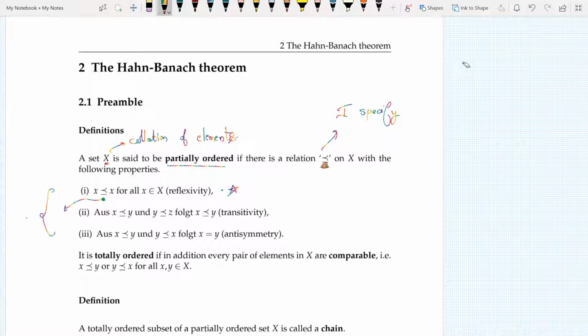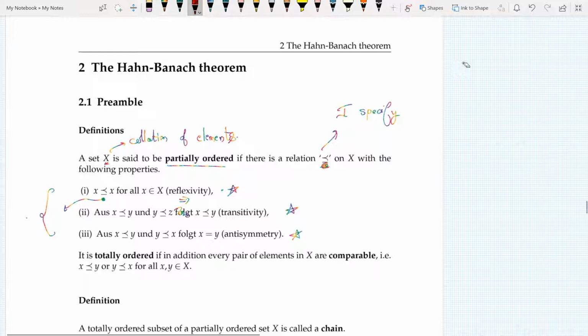satisfies these three properties. So X is less than or equal to X for every value of X belonging to capital X. And if X is less than or equal to Y and Y is less than or equal to Z, it implies that X is less than or equal to Z, which is transitivity. And then if X is less than or equal to Y and Y is less than or equal to X, it implies that X is equal to Y, which is the property of anti-symmetry.